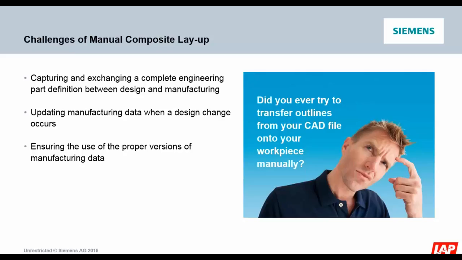What we've seen in the past and sort of people that are moving in the best practices direction is that they'll often have data that describes what the ply is. For example, in the CAD system, they may have curve boundaries that get exchanged with a laser projection system such as LAP's, but not the complete definition.